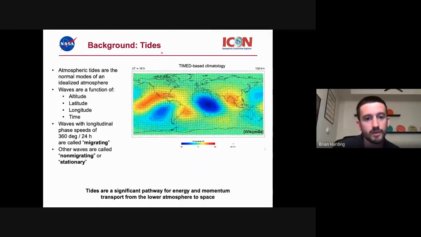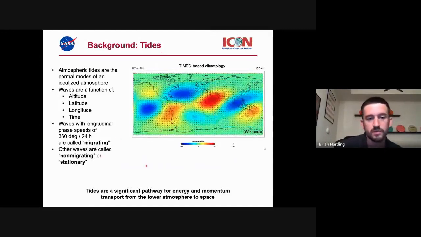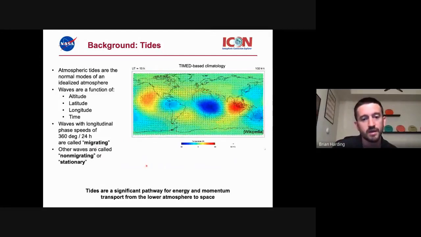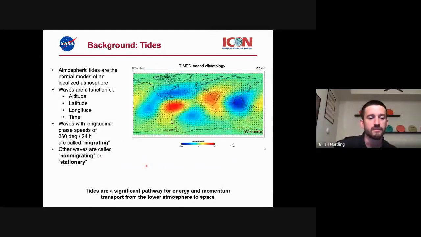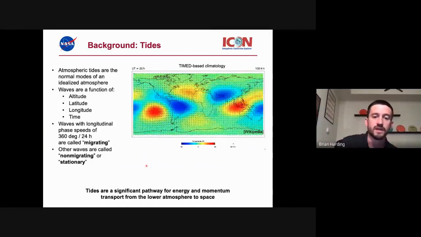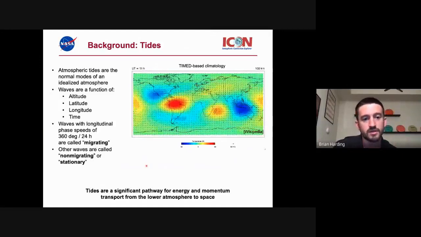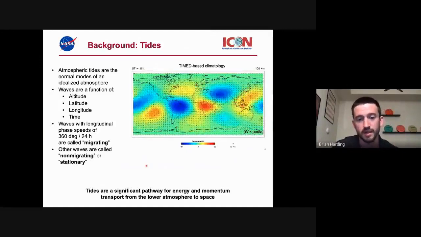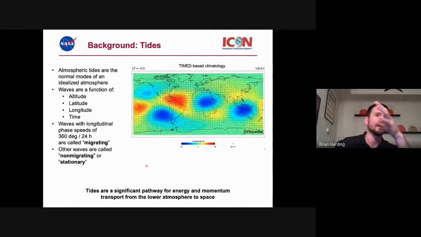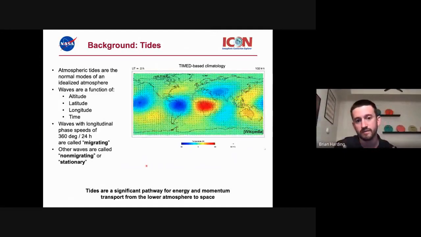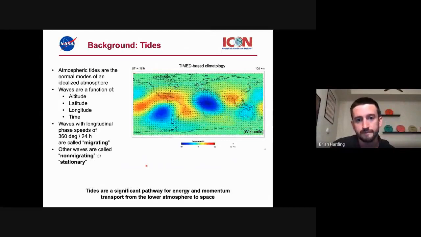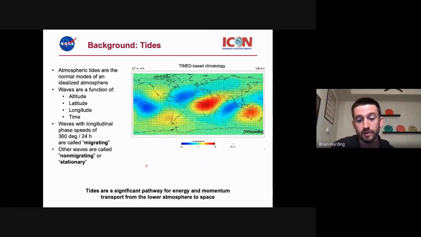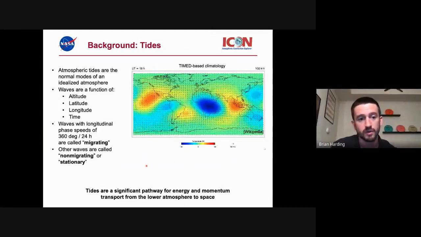A little bit about the nomenclature. There's a wide spectrum of waves here. The ones that have an east-west phase speed of 360 degrees in 24 hours, we call migrating, because from a point on the Earth they look to be just following the sun. These are waves that are directly driven by the sun, so the solar radiation.